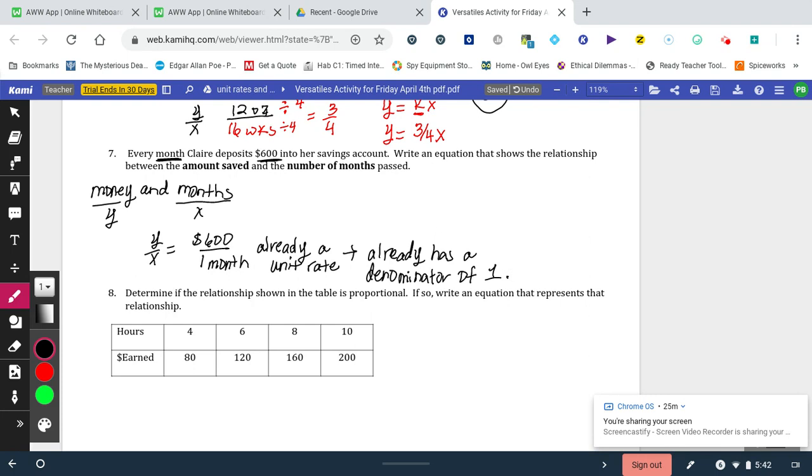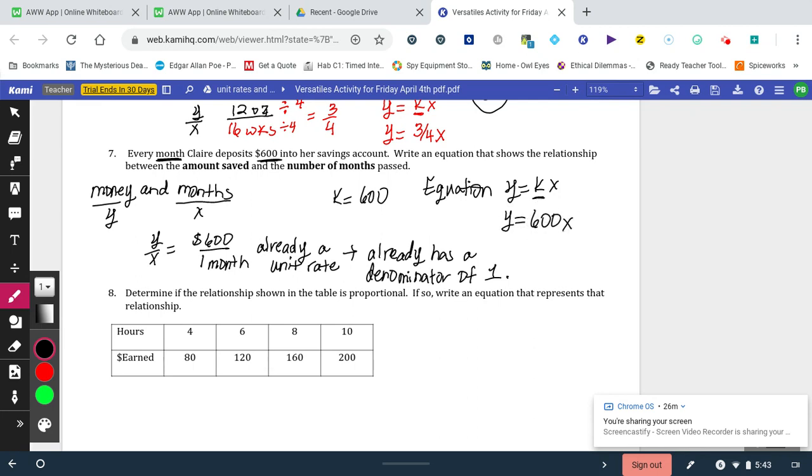So you don't have to try to figure out what it is per ounce or per anything, like per week. Per means 1. This is already $600 per 1 month. So it's already set up for you. So your K is automatically 600. So your equation, which is in the form y equals kx, is just y equals 600x.